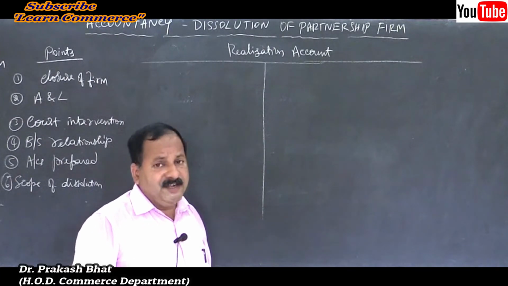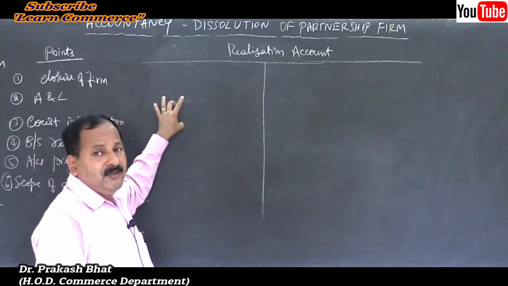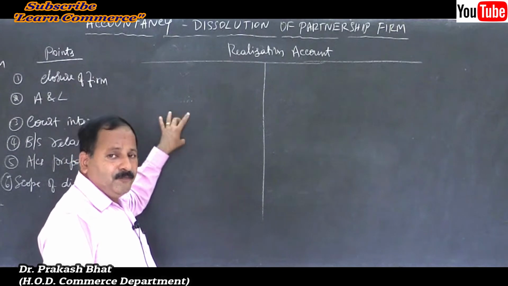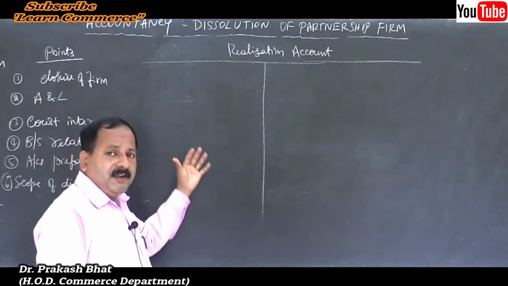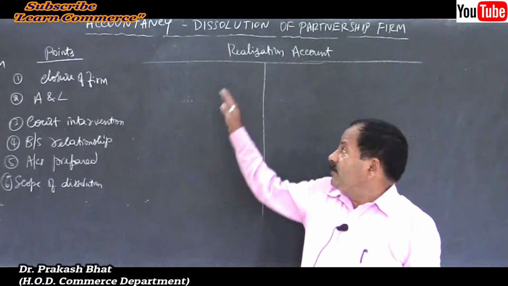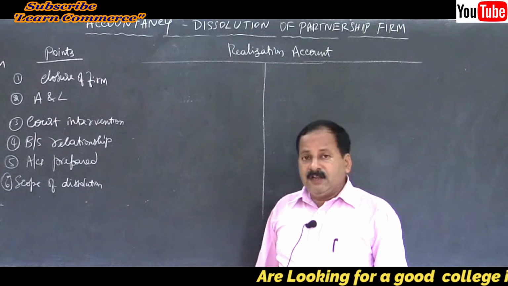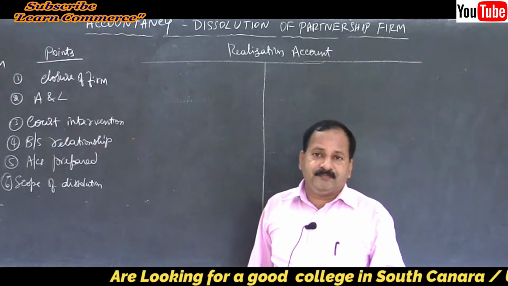Better you follow NCERT book, you just write to stock account, to debtors account, to machinery account, to furniture account, to buildings account, like that. Transfer each asset by passing a journal entry, that is realization account debtor to sundry assets account. Clear? This is the first step you have to do.